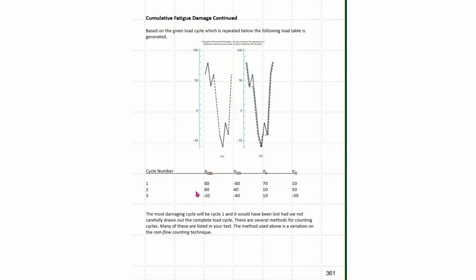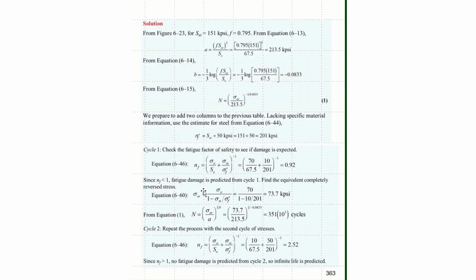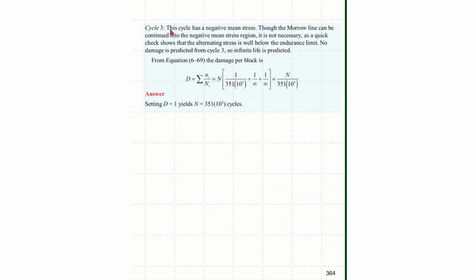From cycle number 2, which is a very small cycle, we determined that the safety factor is greater than 1 and there will be no fatigue damage. So the number of cycles here would be an infinite number of cycles, or 10 to the 6th. Then in cycle number 3, we see that this cycle has negative mean stresses, and so we won't have crack propagation here, and we can also have an unlimited number of cycles.